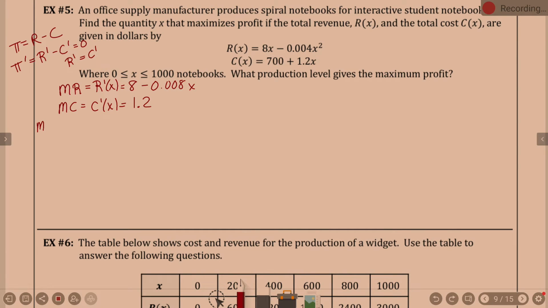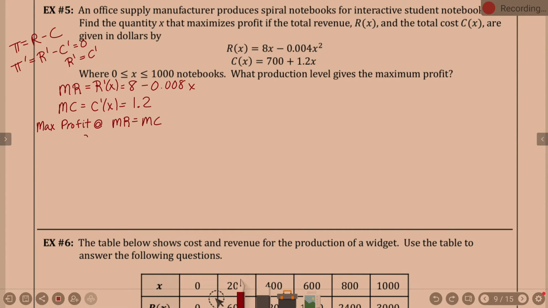Based on what we were just looking at on the other page, when does max profit happen? Max profit happens when marginal revenue equals marginal cost. So what am I going to do in terms of the equation? Set them equal to each other.